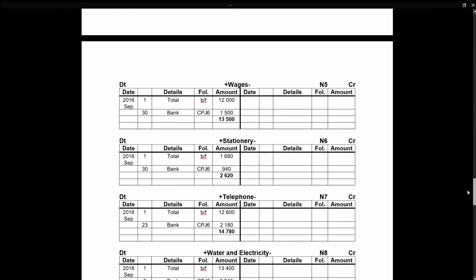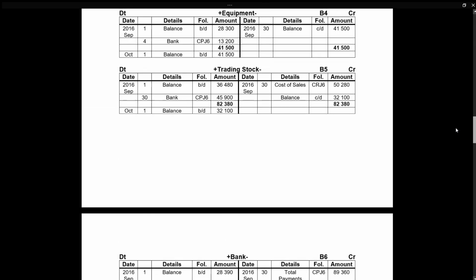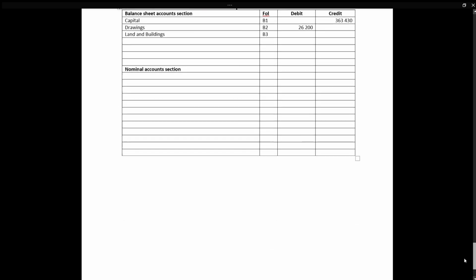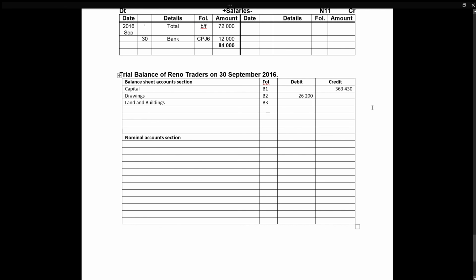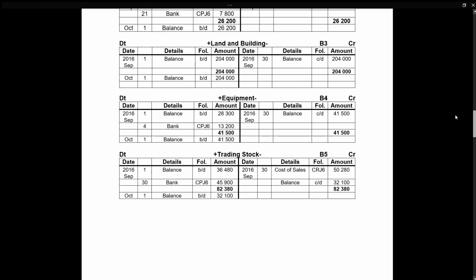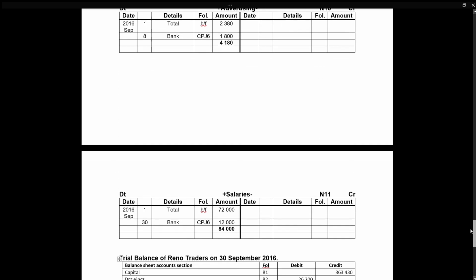Let's go and find B3. B3 debit balance of 204,000 Rand. 204,000 Rand. Right, after land and buildings we will have equipment. Equipment was B4. And it will have a debit balance since it's an asset. So it had a debit balance of 41,500 Rand.